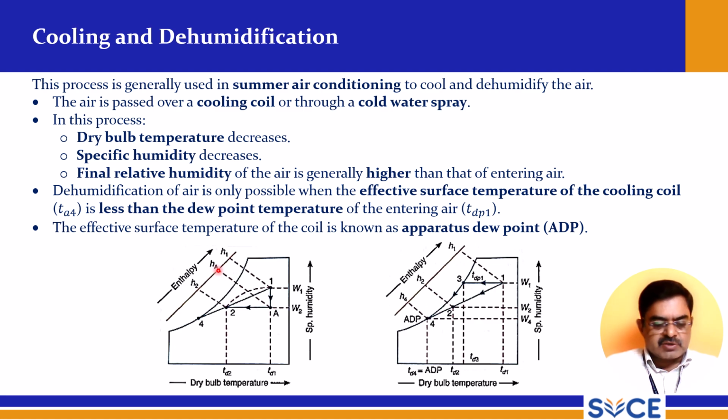Now the dry bulb temperature here is the ADP. This point is known as ADP, apparatus dew point, and this is point 2 and this is point 1, and we are getting specific humidity on the y-axis. So TA4 equals TADP, that is the apparatus dew point temperature, and enthalpy can be found from this scale.